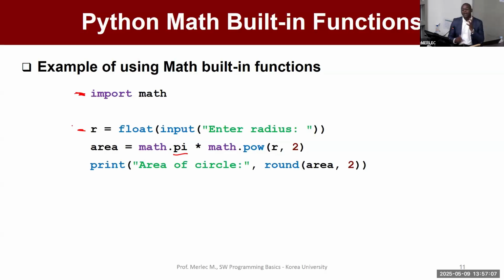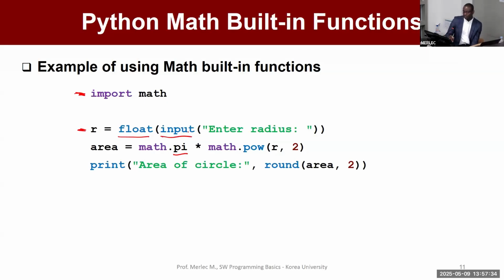That means we need a variable which will be called r, that will represent the radius value of the circle for which we are going to compute the area. And then this radius value is cast as a float type. That means it can be an integer or decimal point value.